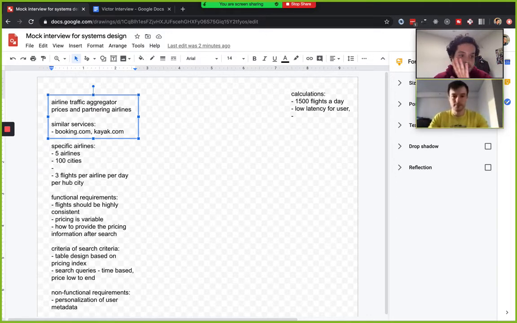Okay, so this is where I was trying to go with my understanding. Let's say you have the 1,500 flights a day with all our five airlines, correct? And then the average amount of seats on a flight is 100, right? Now, given the airline industry, they have a high selling rate, so they usually occupy 99% of the seats they have available.